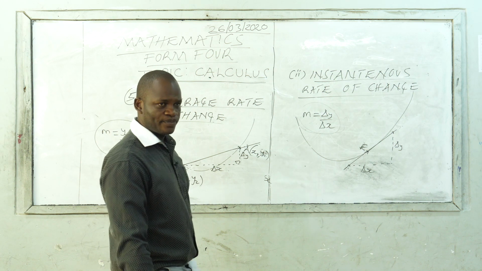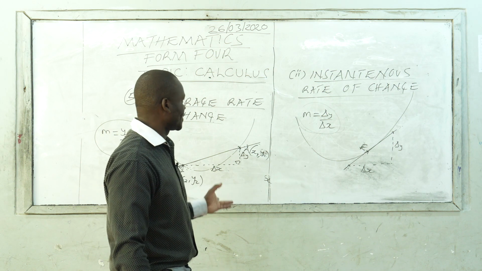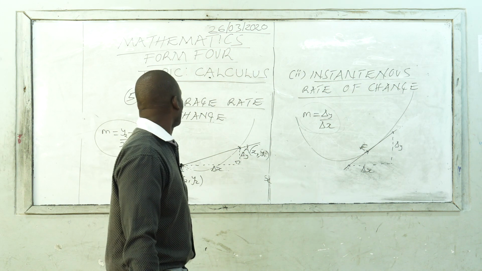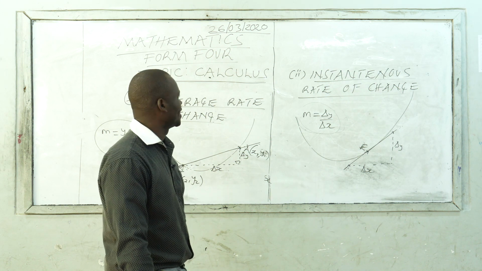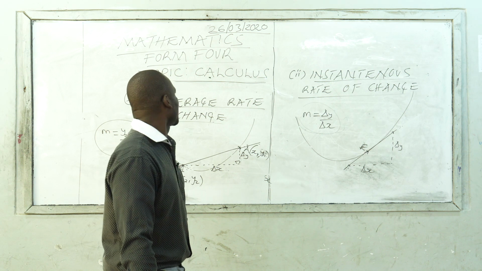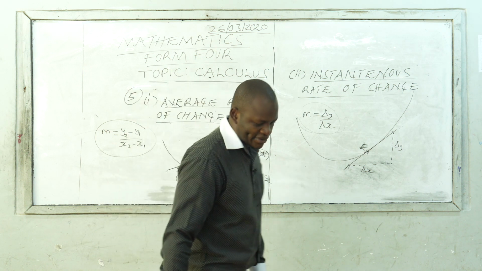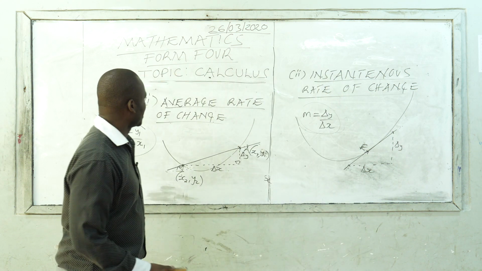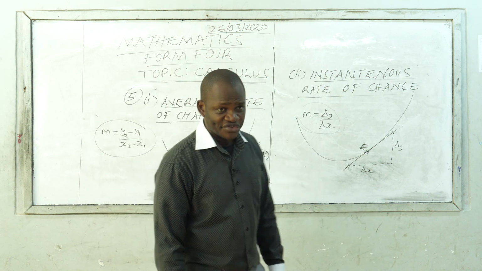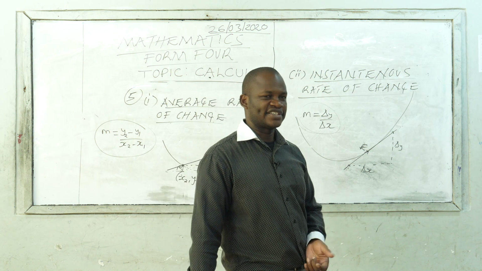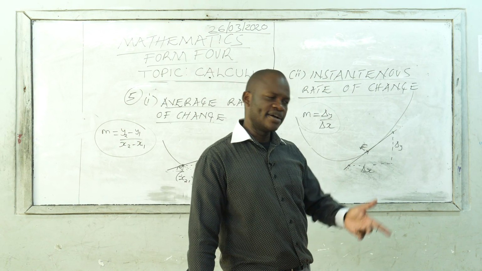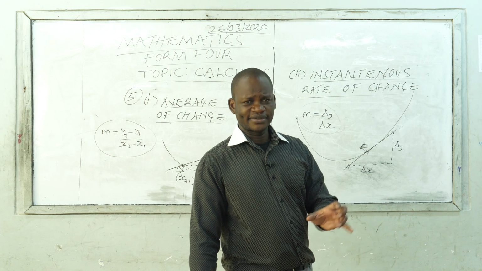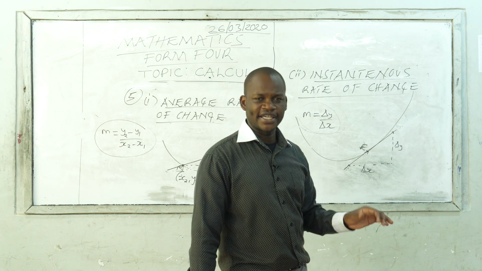So having reviewed the gradient bit of form 2 and the rate of change of form 3 under the topic graphical methods, now we can introduce our calculus. And I said calculus has 3 topics: differentiation, integration, and area approximation. Sometimes the concept of calculus is included there.